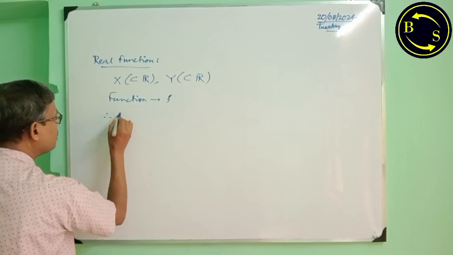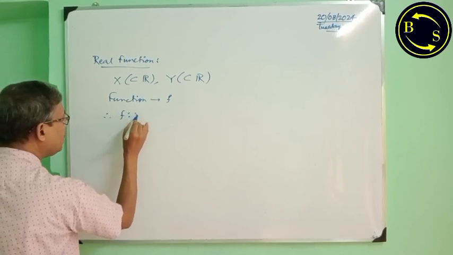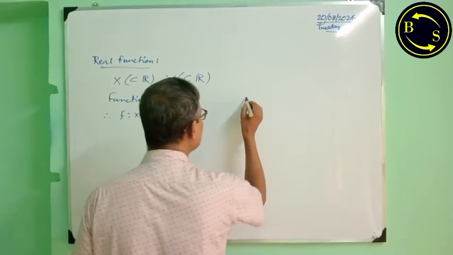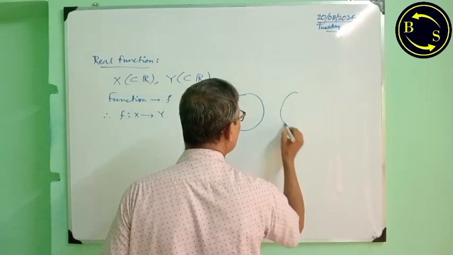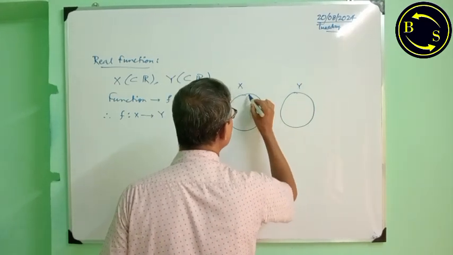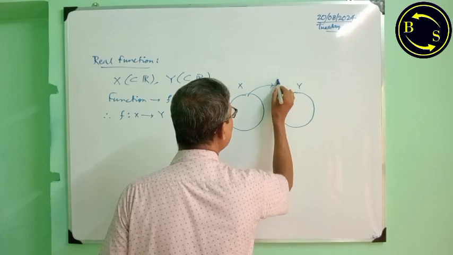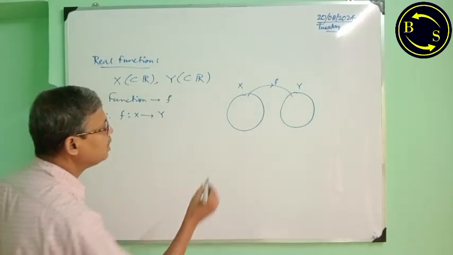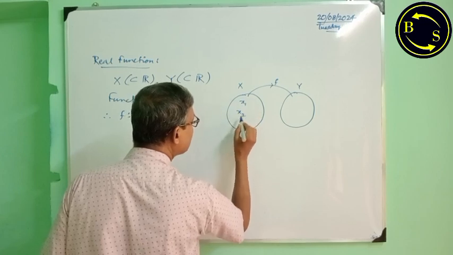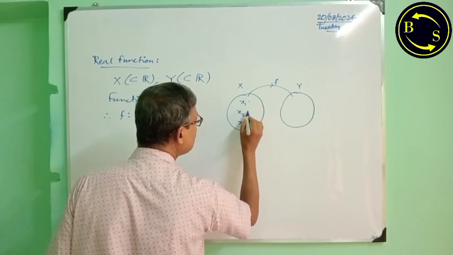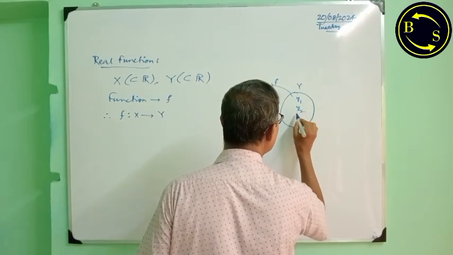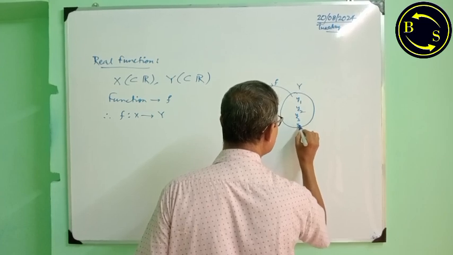Therefore, we denote that f from X to Y. That means if I draw X set, Y set, and a function, I take three members x1, x2, x3, y1, y2, y3, y4.